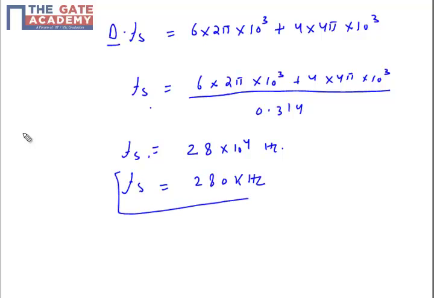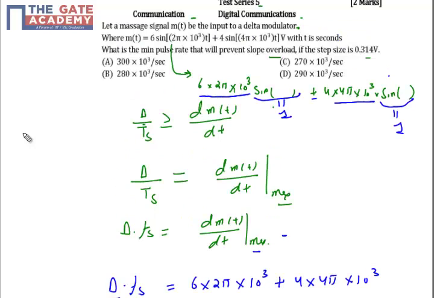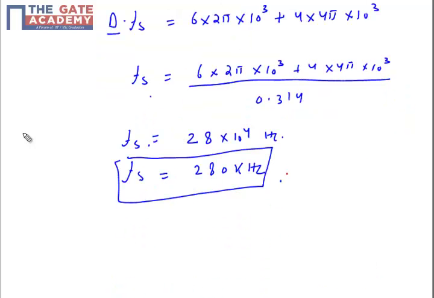So the sampling frequency of my delta modulator is 280 kilohertz, or 280×10^3 second inverse. Hertz is nothing but 1 upon second.